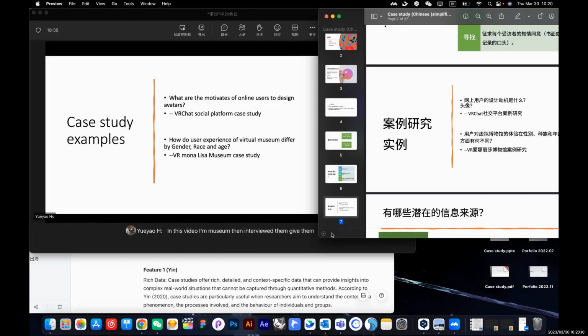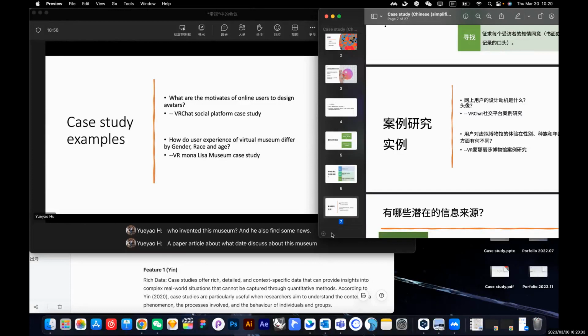At the same time, she also interviewed the developer, who invented this museum, and found some newspaper articles about what people discuss about this museum.